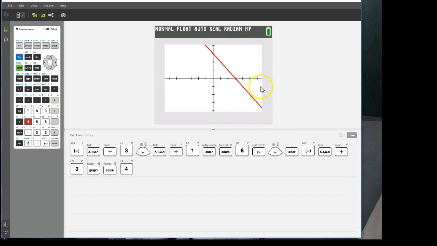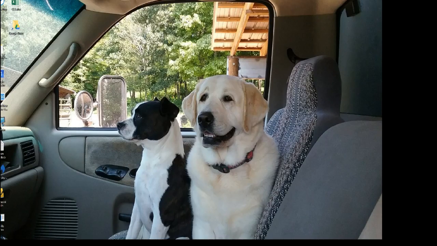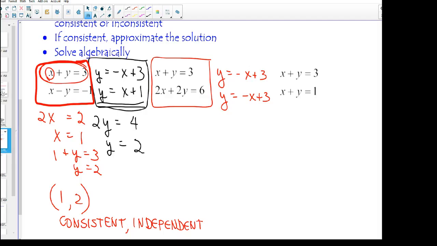So this is also a consistent system. But since we have an infinite number of solutions, we refer to it as a dependent system.